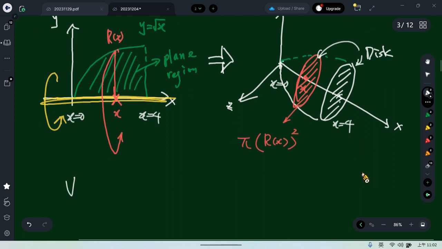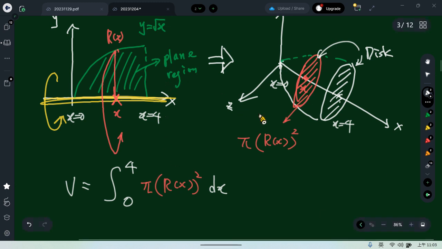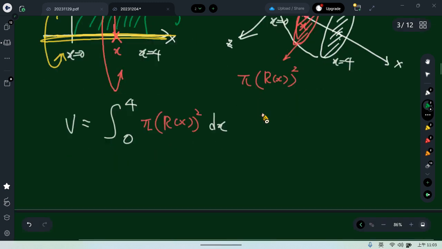Then the volume will be the integral from 0 to 4 of pi R of x squared dx, right? If we take this example here, this is R of x, right?